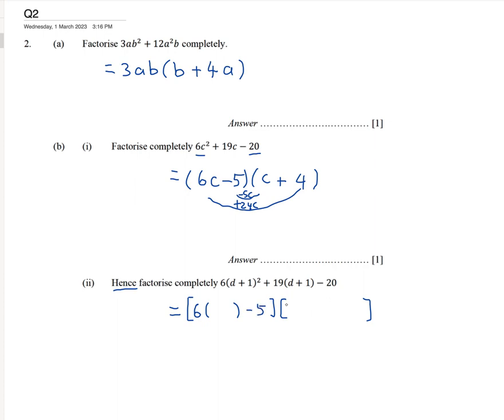And on this side, plus 4. So the answer looks similar because the original sum has been replaced by d plus 1. So d plus 1 has replaced c in the answer.